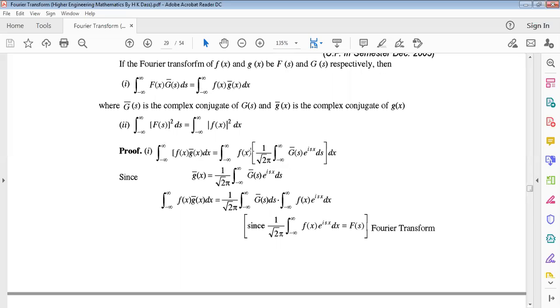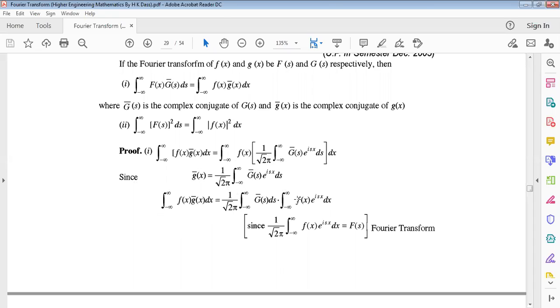This comes from the definition of the Fourier transform. Now since g bar(x), the complex conjugate of g(x), equals 1 by root over 2π, integral from minus infinity to plus infinity of capital G bar(s) e to the power i s x dx. This is also from the complex conjugate form of the Fourier transform. The integral of f(x) g bar(x) equals 1 by root over 2π, integral of G bar(s) ds.